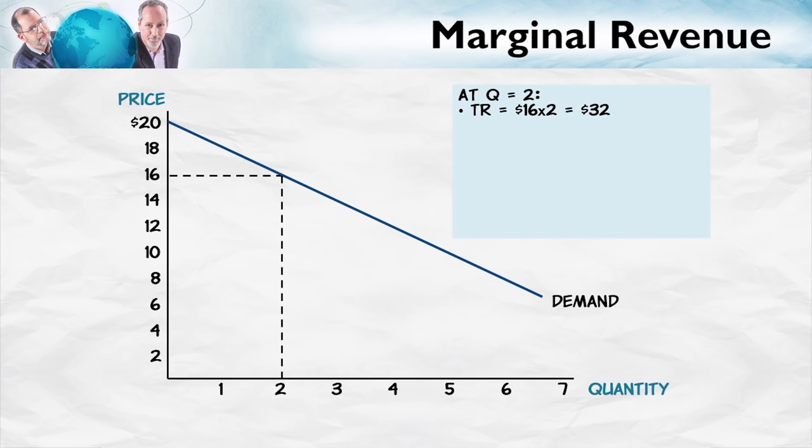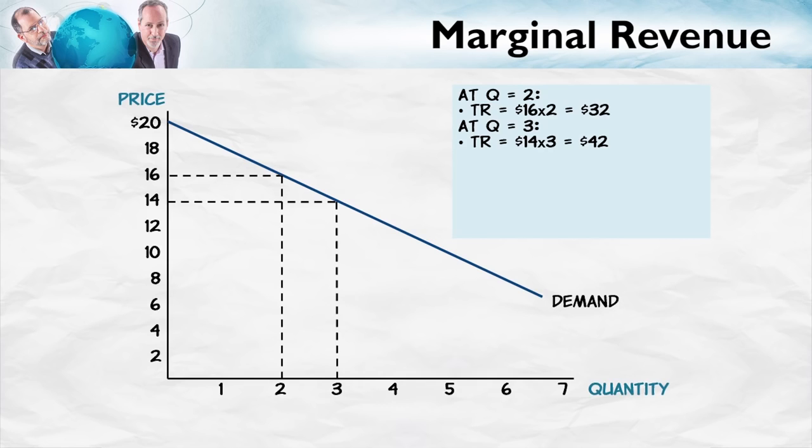So suppose that we sell an additional unit, 3 units in total. We can sell 3 units for $14. $14 is the maximum per unit price we can get when selling 3 units. So when the quantity sold is 3, total revenue is 14 times 3, or $42. That means marginal revenue, the change in revenue from selling that additional unit, is $10.